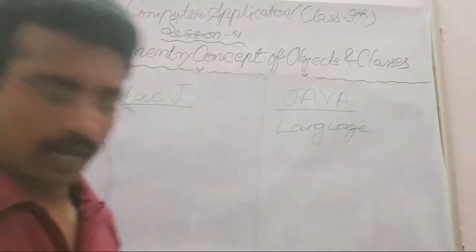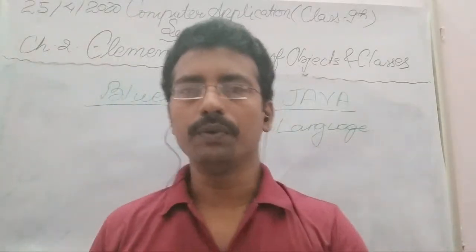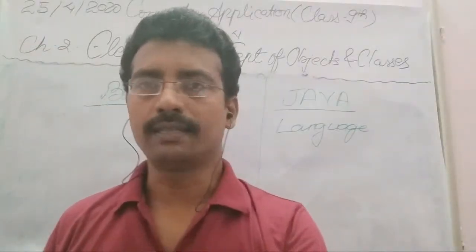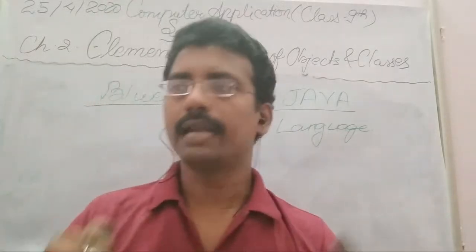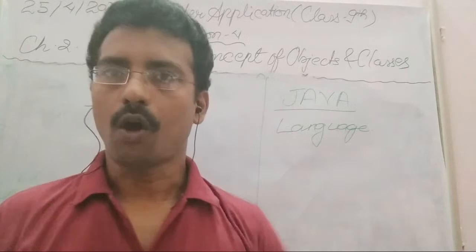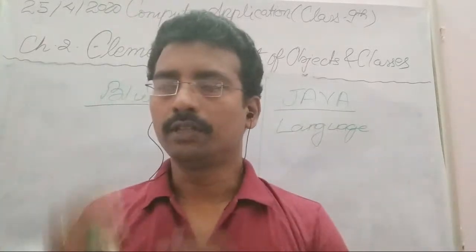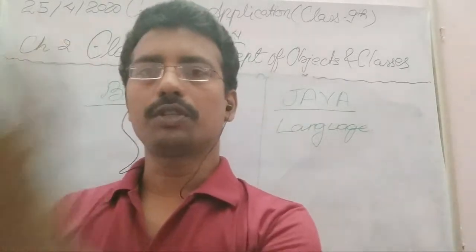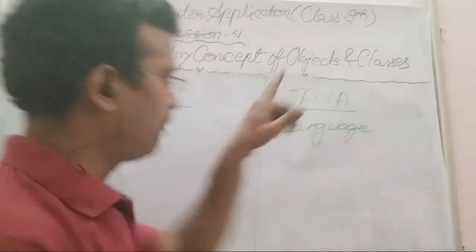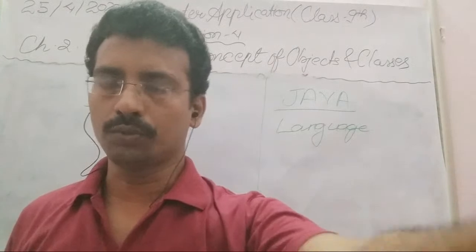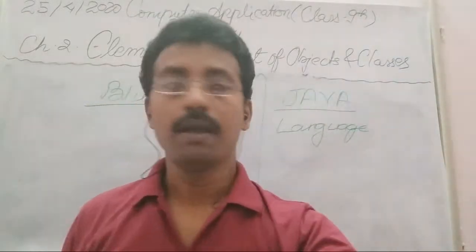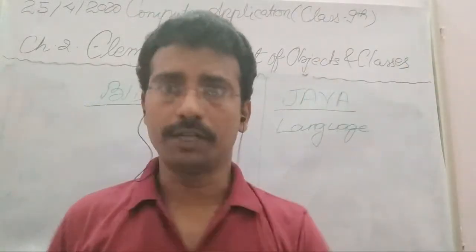Language is what? In the earlier class, I told you, language is the system software that directly instructs or handles the computer's operation. Meaning, with the help of language, you can directly send an instruction to the hardware, meaning the CPU, to perform an operation.